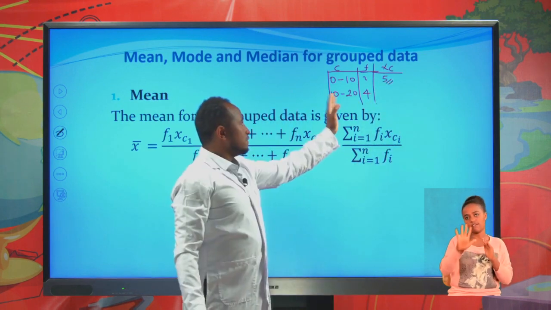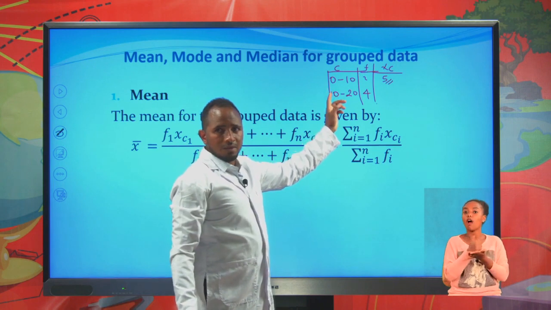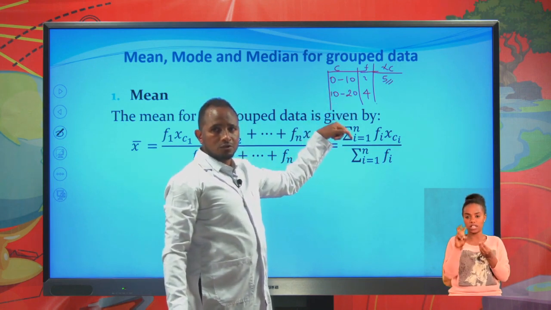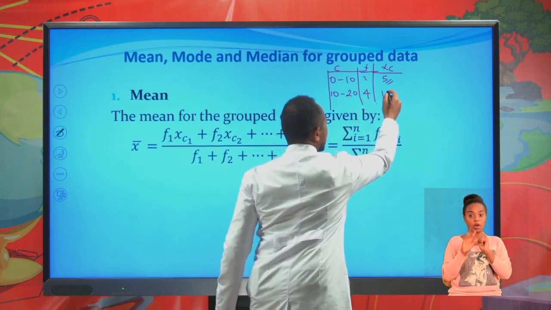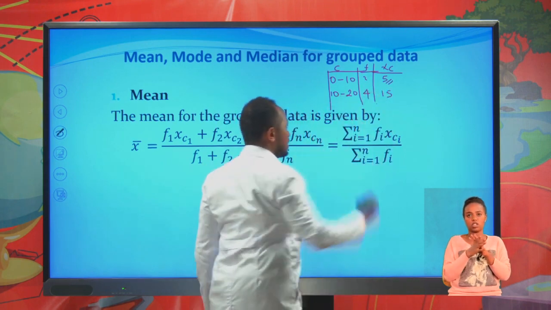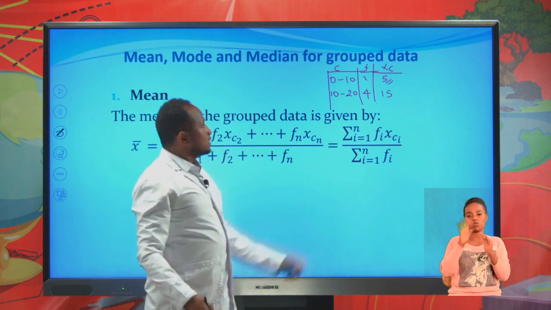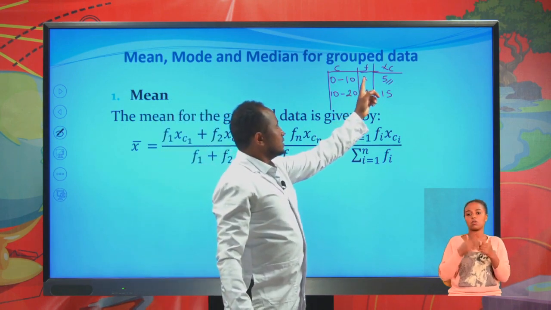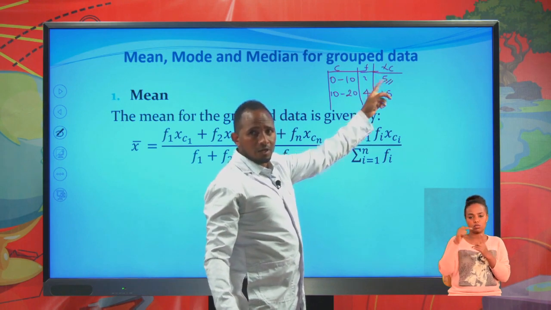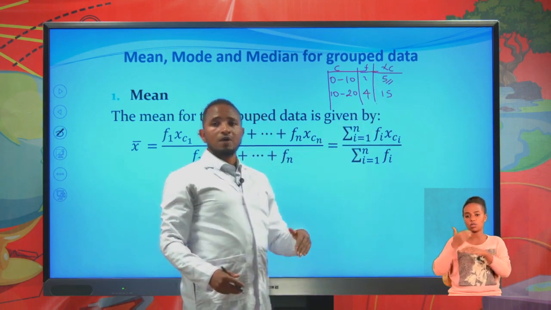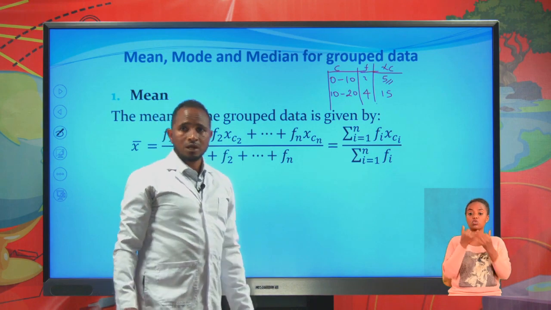Here, the average of these two, 10 plus 20 is 30, divided by 2 is 15. So the class midpoint for the second class is 15, and its frequency is 4. After that, you multiply the frequency of each class with its corresponding class midpoint, and then you add. Finally, you divide by the total frequency.